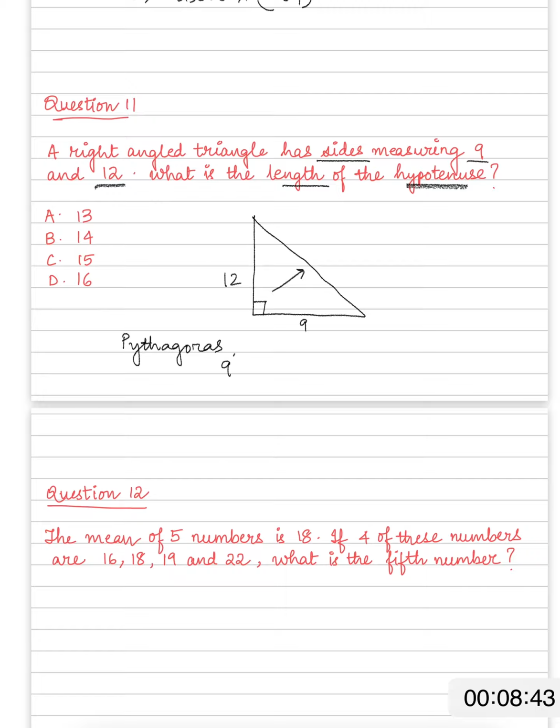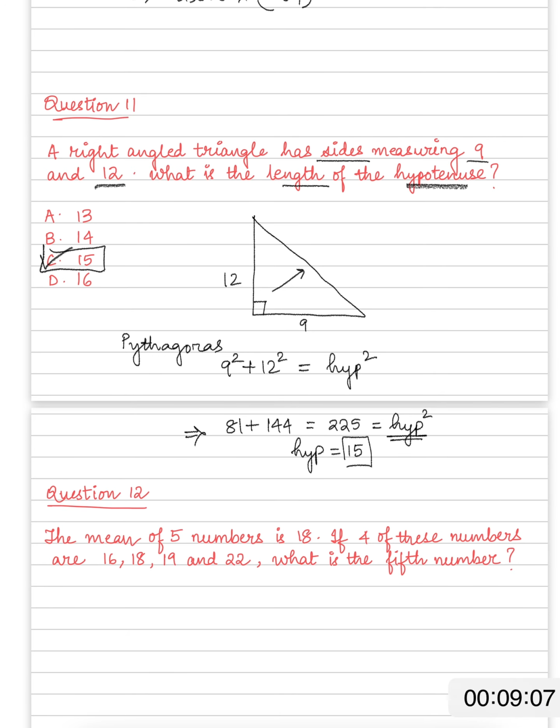That is 9 square plus 12 square will be the hypotenuse square. 9 square is 81 plus 144 equal to 225. That is hypotenuse square. You can use the calculator and the hypotenuse will be 15 because it is root over of 225. So option C will give us the right answer.